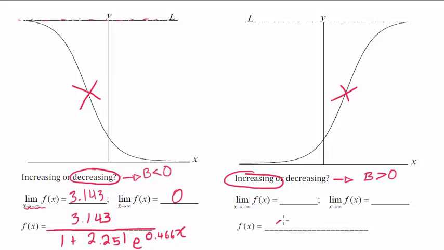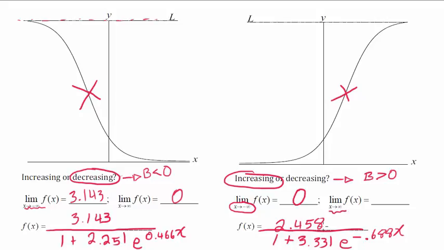So that is 2.458 all over 1 plus 3.331 e to the negative 0.688x. Alright, so in this case, when I go to the left forever, I'm getting really close to the x-axis, or 0. If I go to the right forever, I'm getting really close to that numerator, which is 2.458.